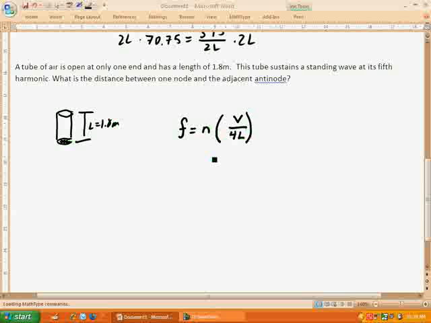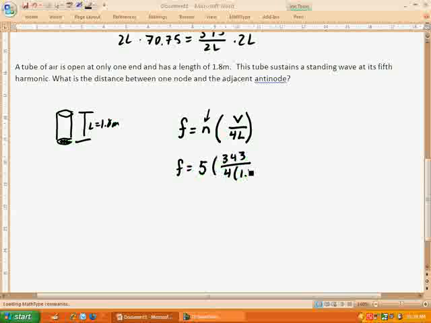Now again, with a closed end, the harmonics can only be odd, and so we have a fifth harmonic, which means the n is going to be 5. So the frequency is going to be equal to 5 times the velocity, which is 343, divided by 4 times the length of the pipe, which is 1.8.